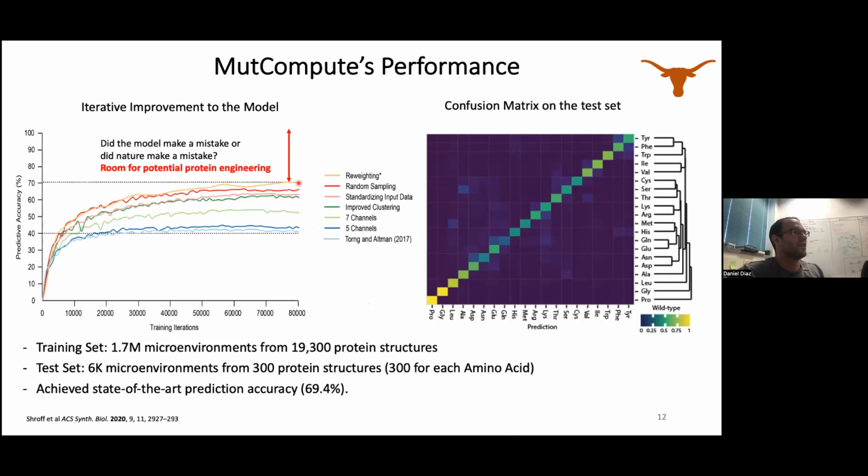Actually, it was both. I think it was going from here to here. The random sampling with reweighting gave us the improvement. And if you look at some of the figures in this paper, we show that by sampling via natural abundance rather than by evenly sampling each class, the predictions are just better.